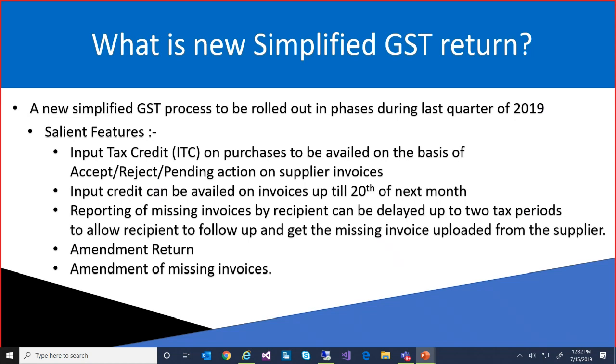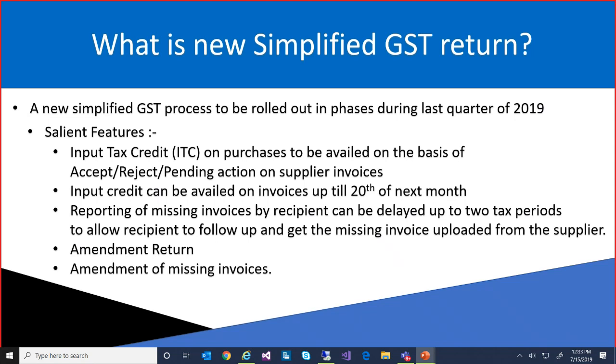Now, reporting of missing invoices has also been introduced by the government. Earlier, if you had certain invoices, you would report them as missing invoices. Suppose April invoices, you could report in September. But those invoices would not relate back to April. They would be displayed and action needed to be taken in the month in which these invoices were reported.